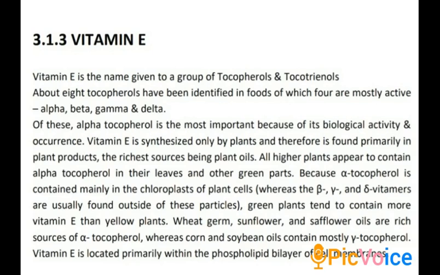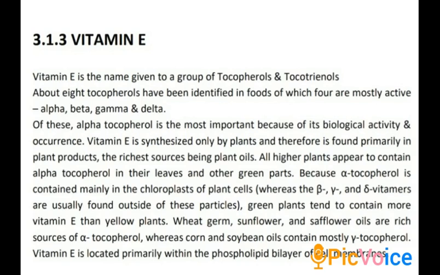Because alpha tocopherol is contained mainly in the chloroplast of plant cells, green plants tend to contain more vitamin E than yellow plants. So, green plants are full of vitamin E, whereas yellow plants are not as rich in vitamin E. Wheat germ, sunflower, and safflower oils are rich sources of alpha tocopherols, whereas corn and soybean oils contain mostly gamma tocopherol.